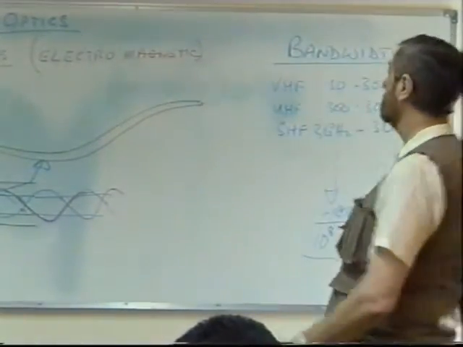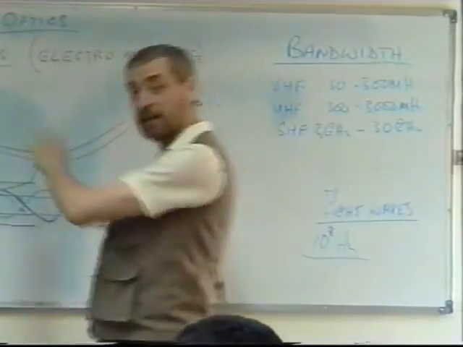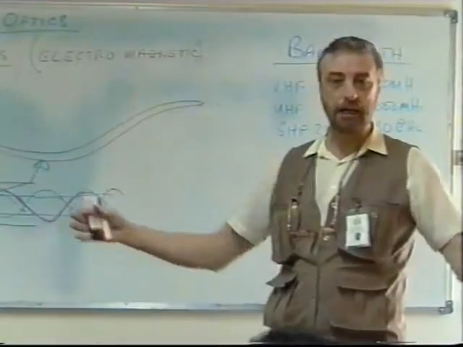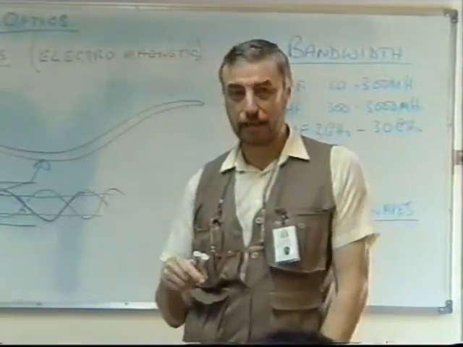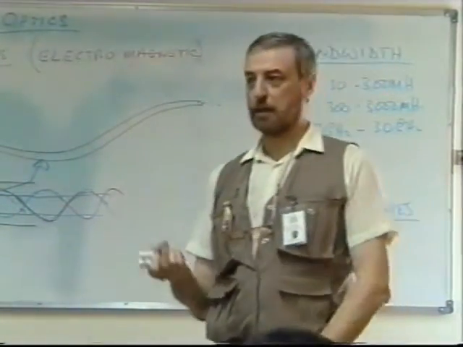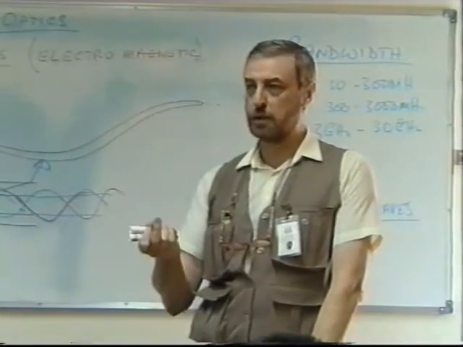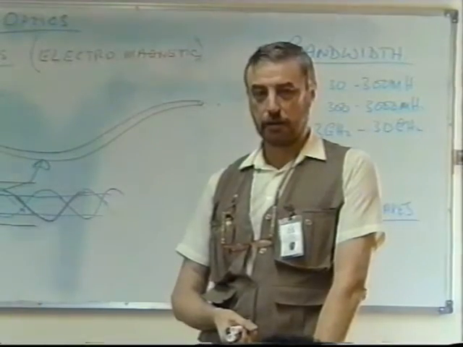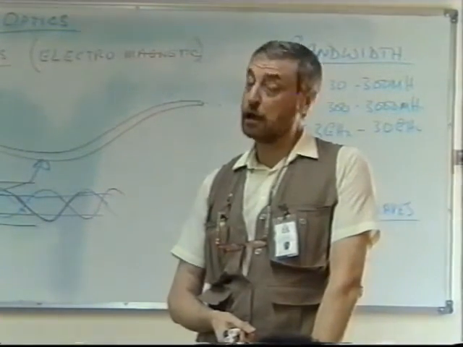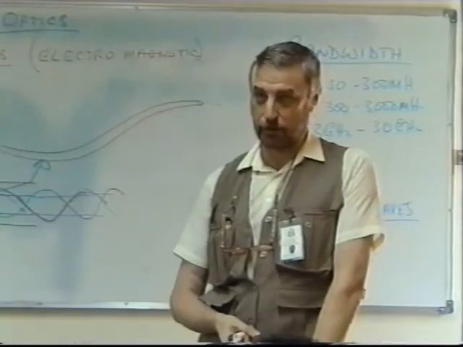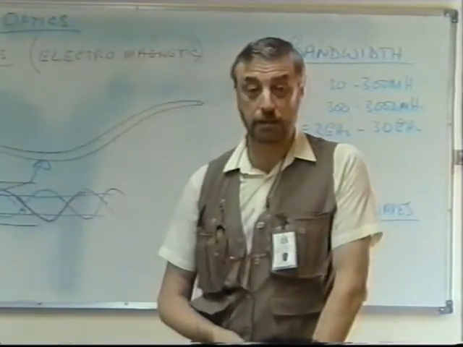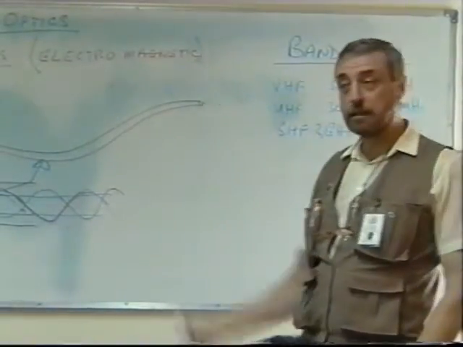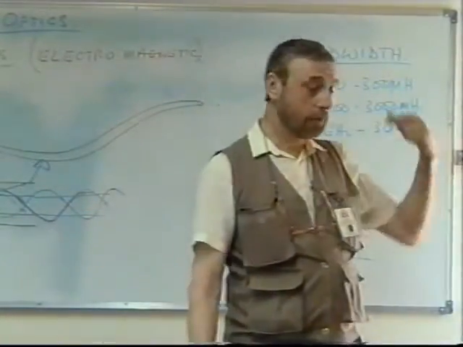Now this means that if we can use light waves instead of radio waves to transmit our signals, we have a much, much wider bandwidth. More information. This is the secret of why we would use fiber optics to transmit information rather than using copper cabling or even wireless or radio, because with standard radio we're limited to SHF, perhaps microwaves, and then only a short distance, point to point.